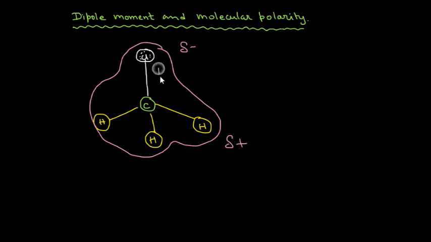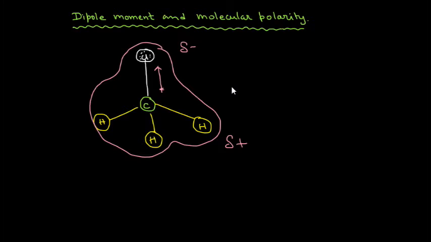And in terms of electronegativity, since chlorine is more electronegative, an arrow indicates the negativity moves towards chlorine.